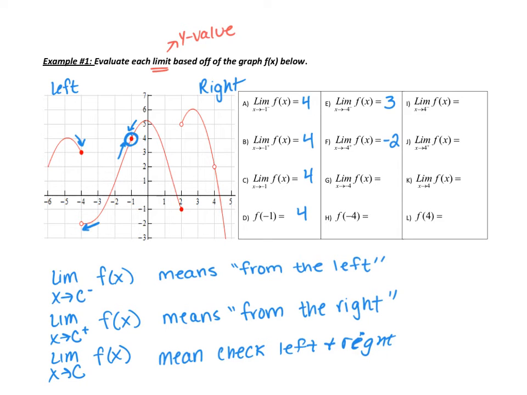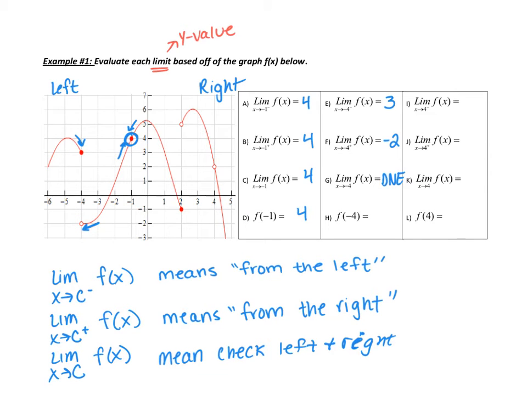If the left and the right are not equal, then this whole limit does not exist. The best way that I can explain does not exist just means they don't meet at the same point. You see how this one met at the same point, the left and the right? It exists. This left and this right don't meet at the same point because there's gaps in between. So that's the main difference.